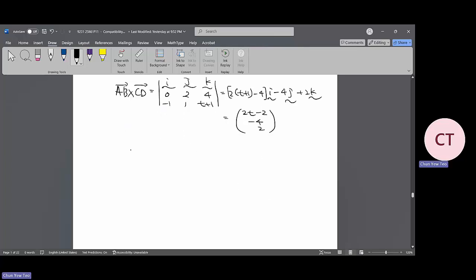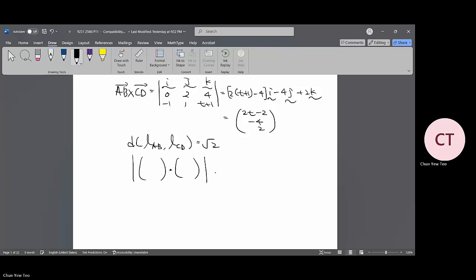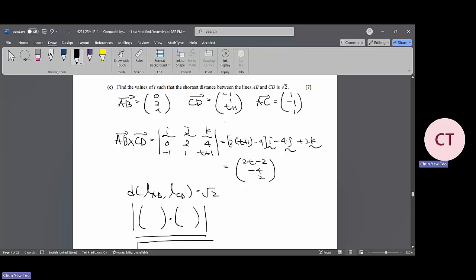Okay, so the formula for the shortest distance between AB and CD is equal to 2. So the formula will be the modulus. Okay, so you need to take the AC.